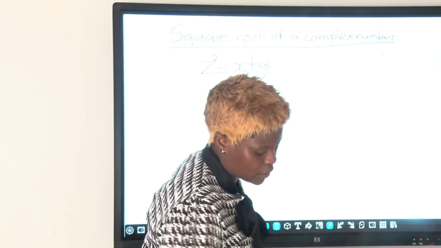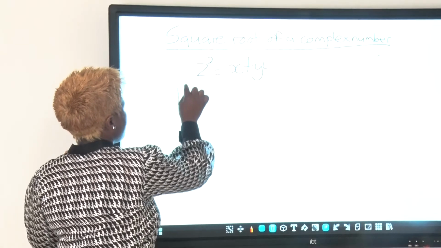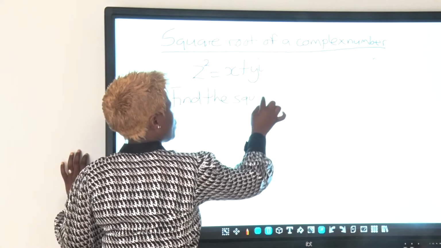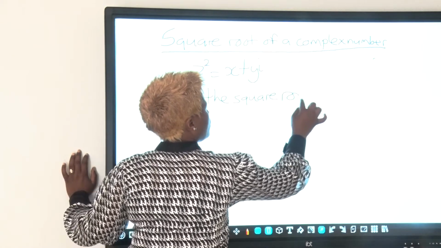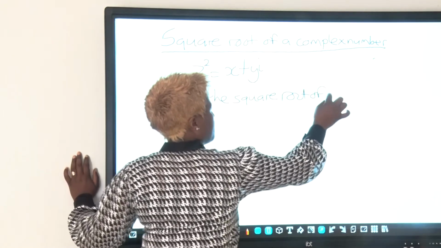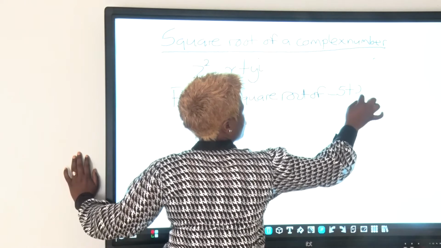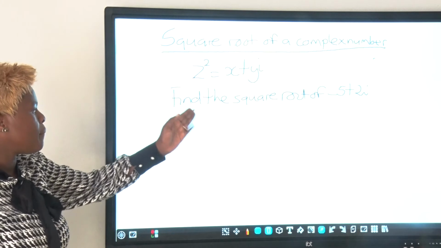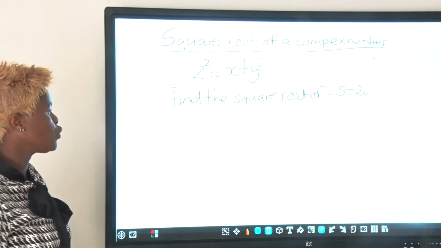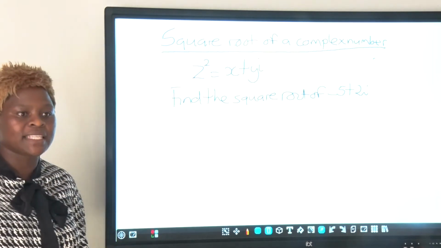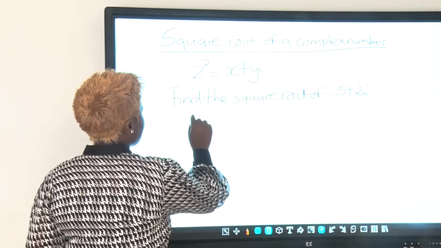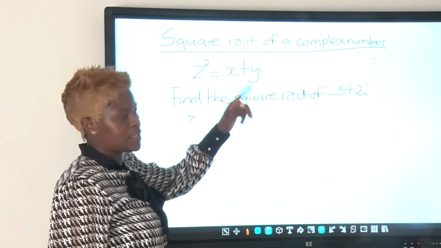We have to find the square root of minus 5 plus 12i. How do we go about it? There are some stages that we should follow. The first stage, we are given that z squared is equal to x plus yi.